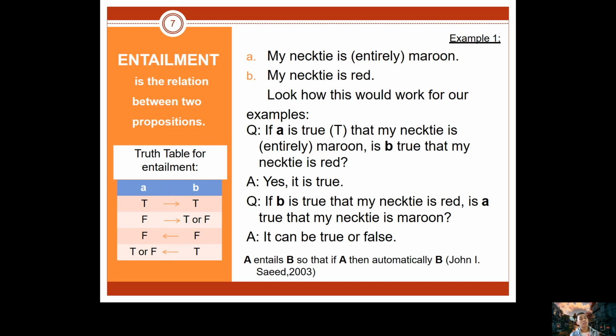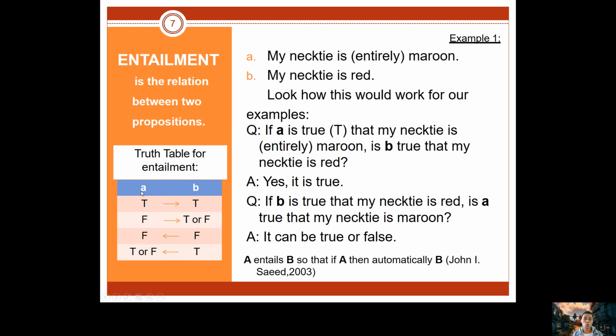I will explain one by one. For the first, entailment. What is the meaning of this? It is the relation between two propositions. Let's go to the example, but before that, I will show the truth table for entailment.